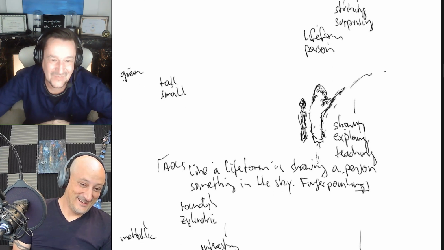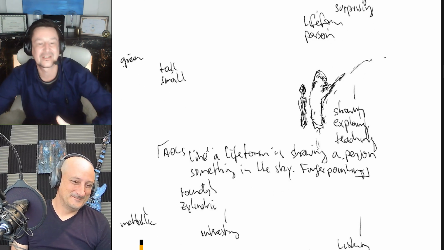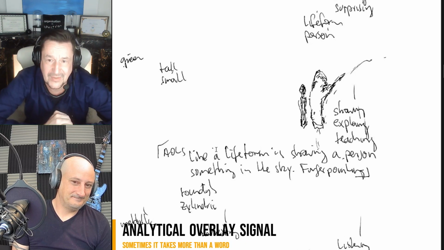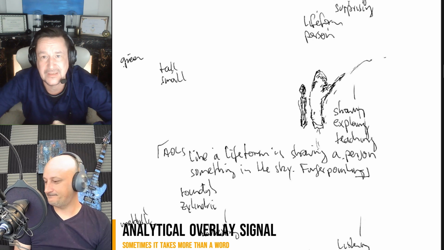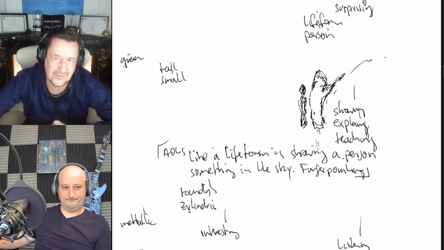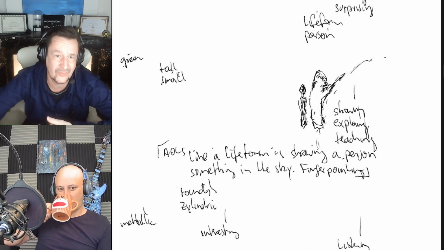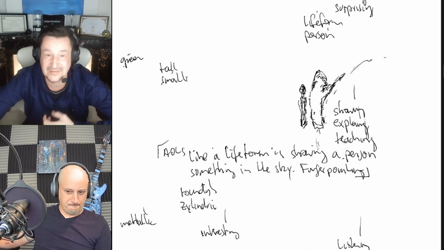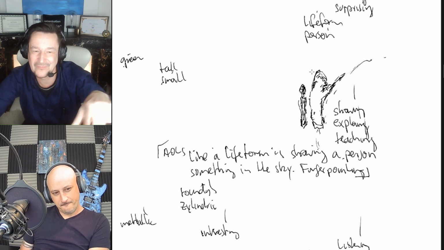Yeah. Let's talk a little bit about AOL signals. That's maybe a good example here. I've got striking surprise and intangible. I could touch a life form, a person. It was green. The life form was tall and small. And that's a good example of how my visual came up.